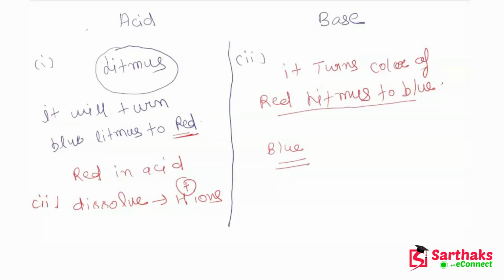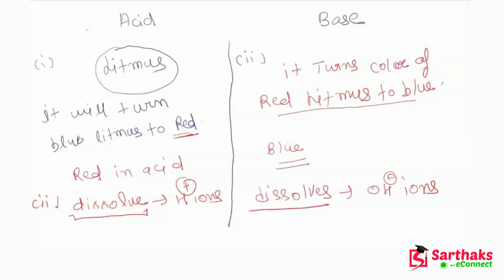On the other hand, bases are the chemicals which, when dissolved in water, form OH minus ions. So this is the basic difference, and this is how we can say whether a chemical is acidic or not. If it is acidic, then when you dissolve it in water, it will form H plus ions.